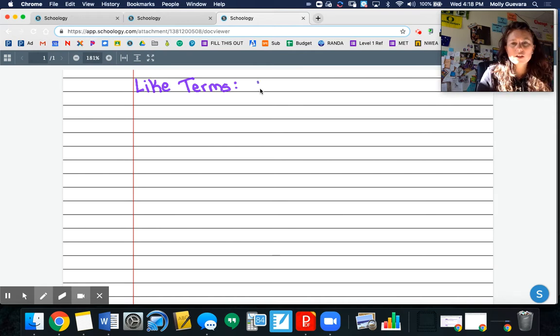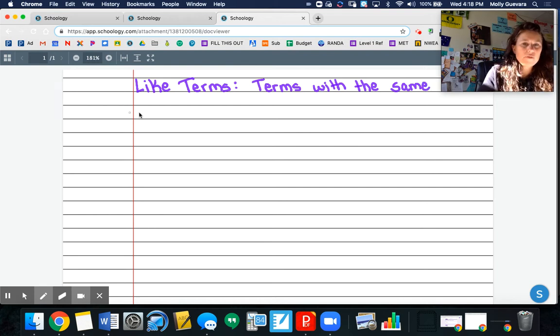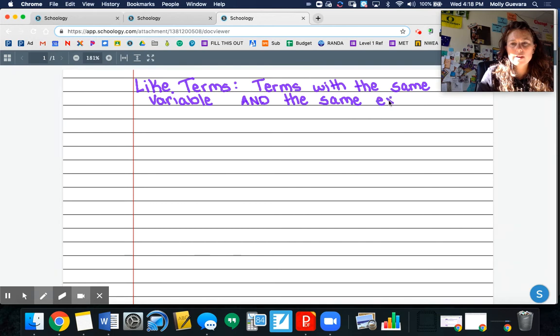These are terms with the same variable, so they both have x or they both have y or whatever, AND, and I'm going to put the and in caps because this is really important, the same exponent.